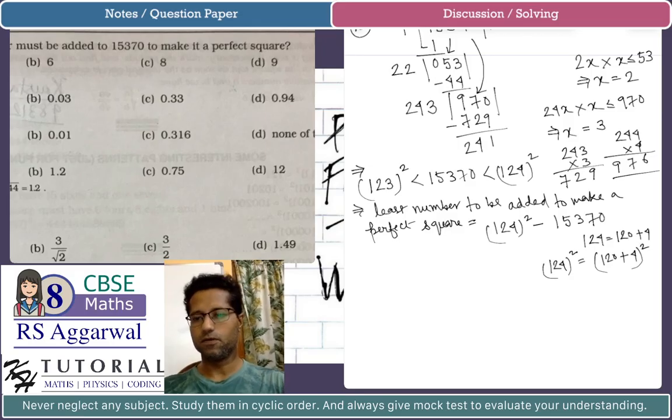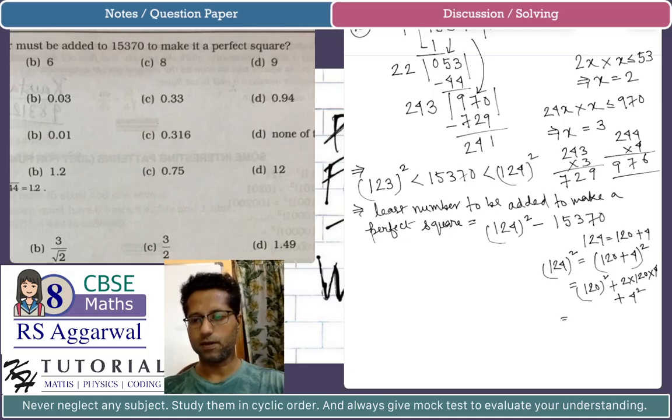The formula is a square, that is 120 square, plus twice a into b, plus b square, that is 4 square.